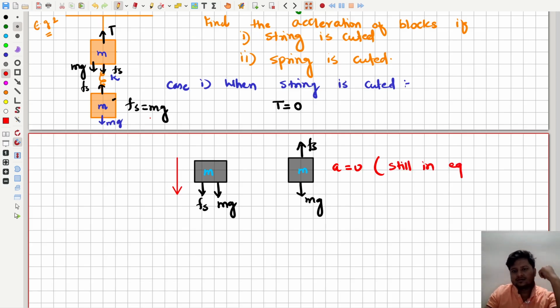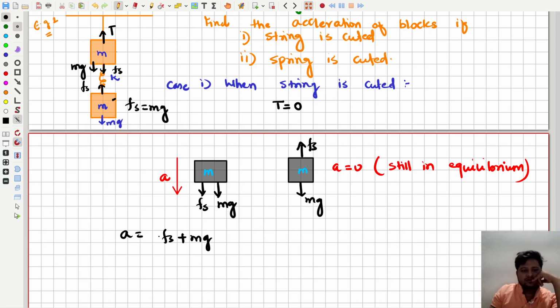Still in equilibrium. And this acceleration will be a, where the value of this acceleration will be (Fs + mg) divided by the total mass moving.